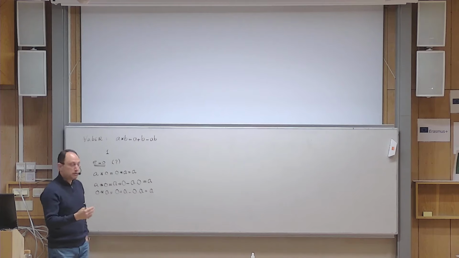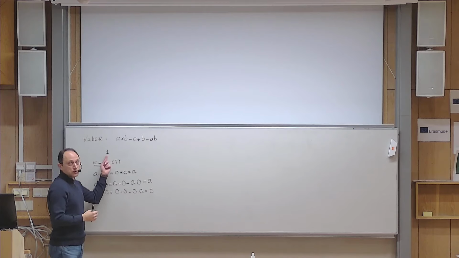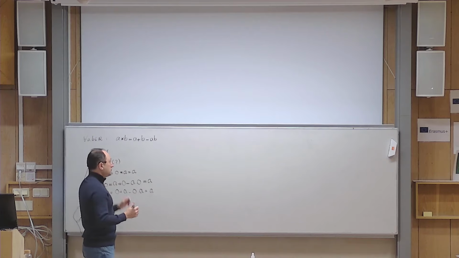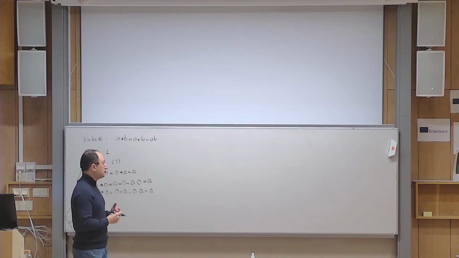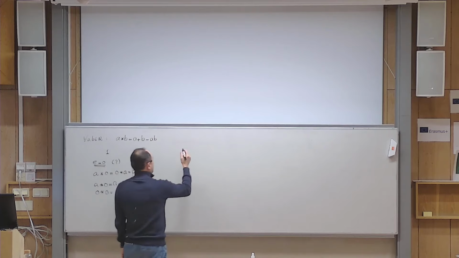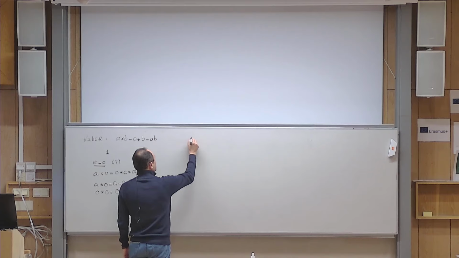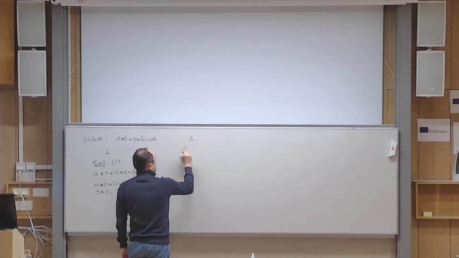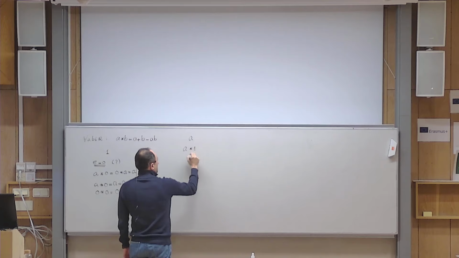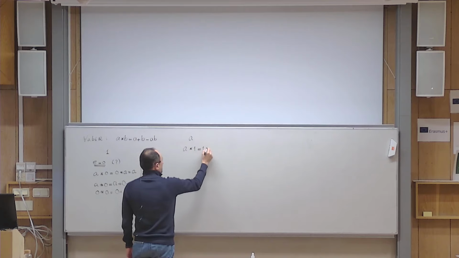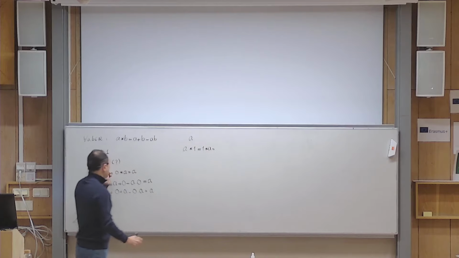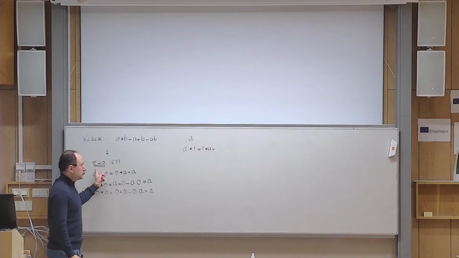Now, my claim is that number 1 has no inverse with respect to this binary operation. So let us assume, to the contrary, that, for example, element A is the inverse of 1. Then it means that A star 1 should be equal to 1 star A, should be the identity element, which we discovered to be 0 here.